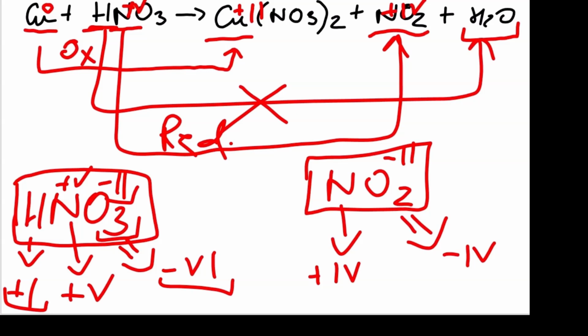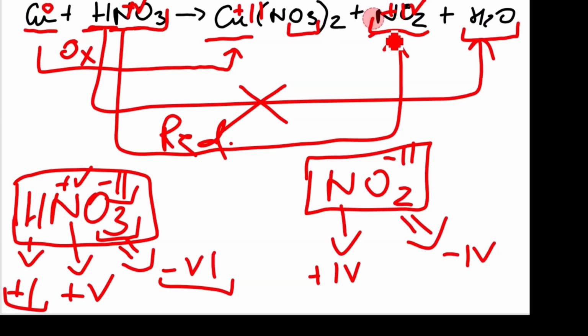Okay, let's check for sure that there is no change in the oxidation state of oxygen. Here we have oxygen in nitric acid. The oxidation state of every single oxygen atom is equal to minus 2. Here in the salt we also have oxygen atoms with oxidation state equal to minus 2.